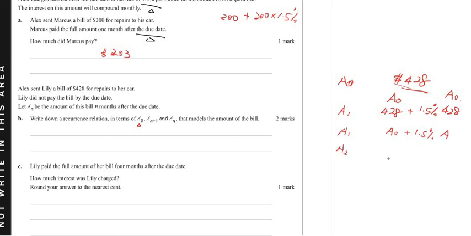All right, in the second month, she needs to pay everything she owed for the first month, plus 1.5% interest of everything she owed in the first month. And in the third month, which is A_3, she will need to pay everything she's owing up until the end of the second month, so that's A_2, and also an interest based on whatever she didn't pay.